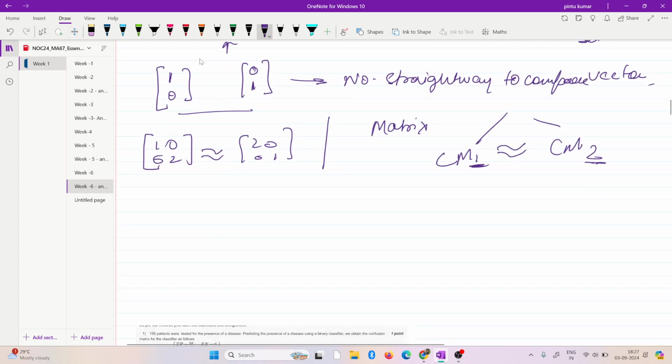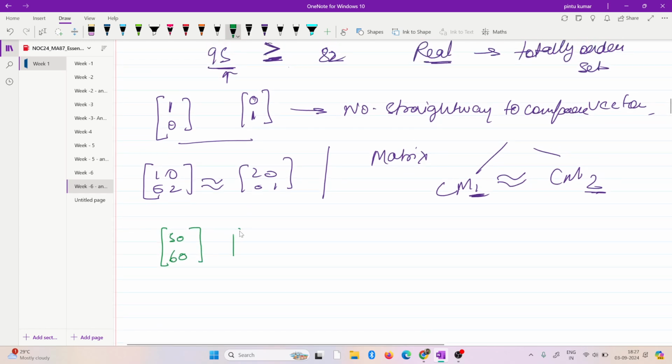So let's get back to the marks example that I gave you. Now let's say every student appears in an exam for two subjects. Let's say in machine learning, the first student scores 50 out of 100, and in math, let's say linear algebra, he scored 60 out of 100. And the second student scores 55 in machine learning, and 51 in linear algebra.